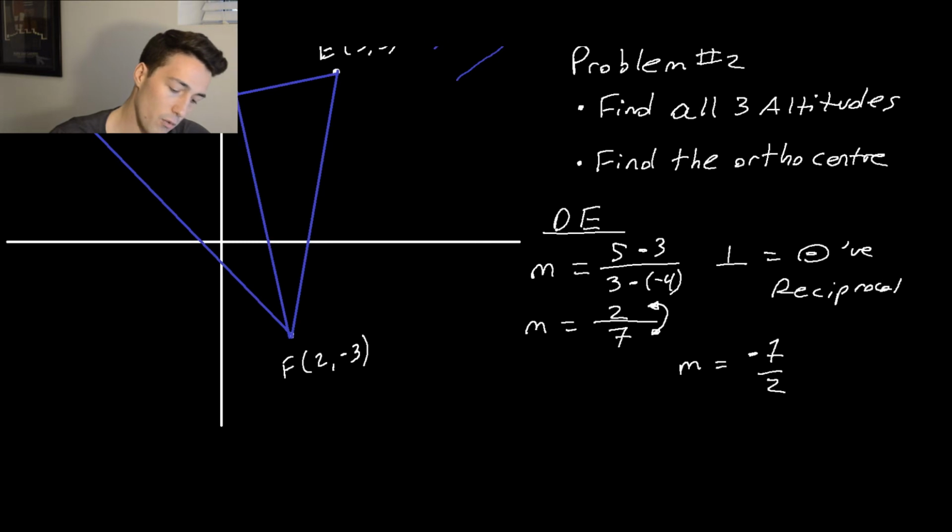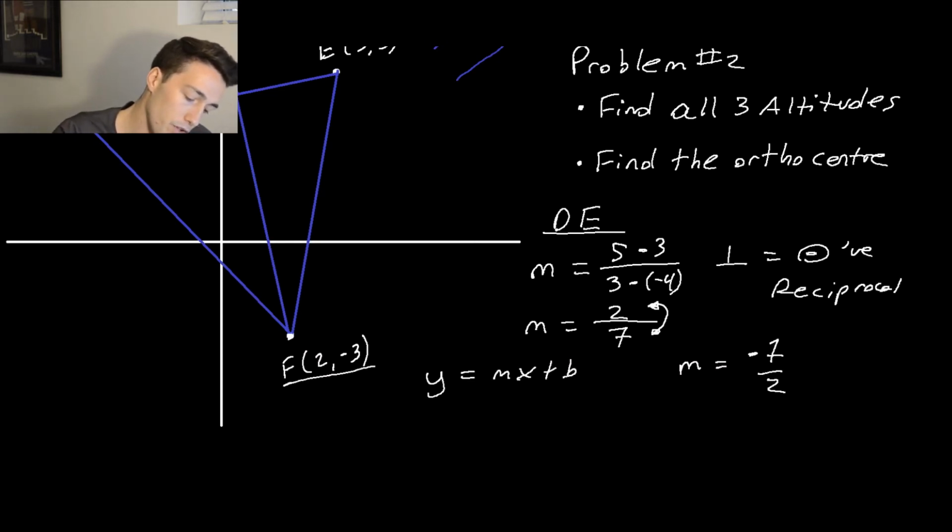So now we have the slope of the line, and we also have a point it's connecting to. Again, we're going to use y equals mx plus b and plug in this point here. So this altitude is y equals negative 7 over 2 x plus b. Plug this point in: negative 3 for the y value is negative 7 over 2 multiplied by 2 plus b.